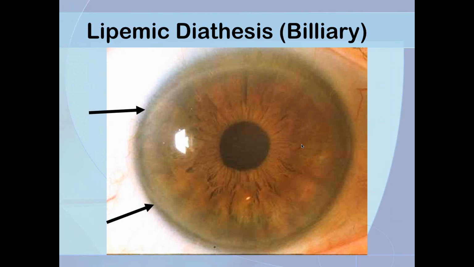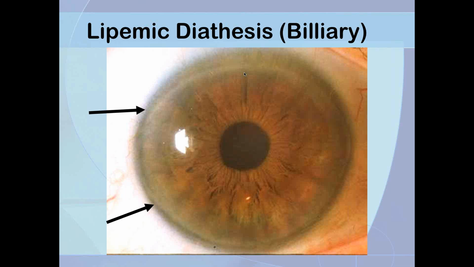This whitish ring at the periphery of the iris that I've got the little arrows pointing to is called a lipemic diathesis. The lipemic diathesis can appear in all three types. It's most common in the hematogenic type, but here it is in a biliary eye pattern.